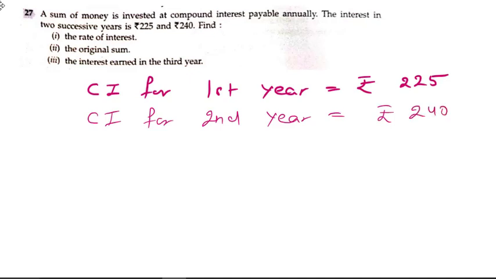So if you see the difference, it is 240 minus 225, that gives me rupees 15.